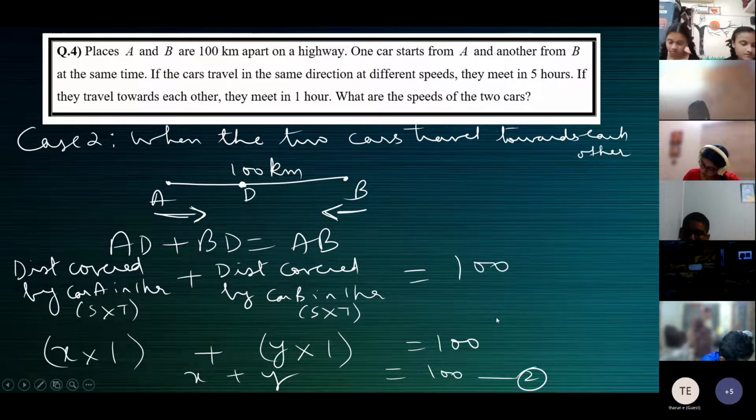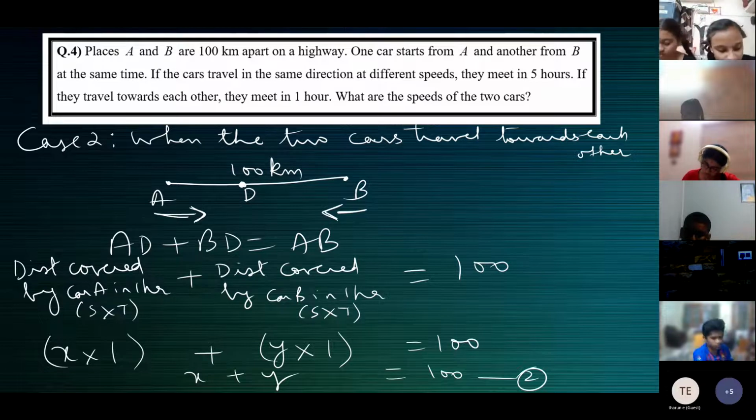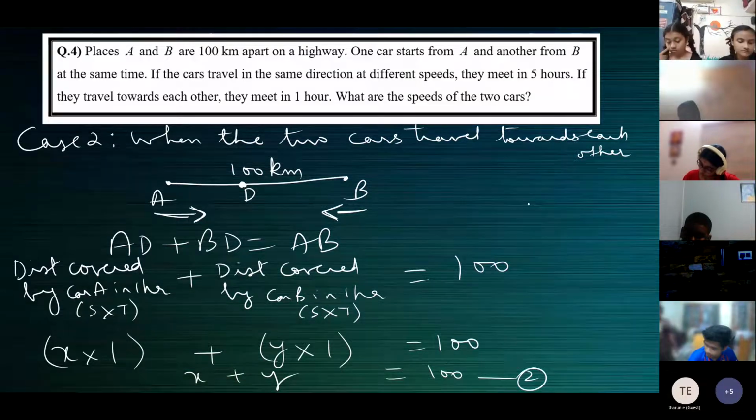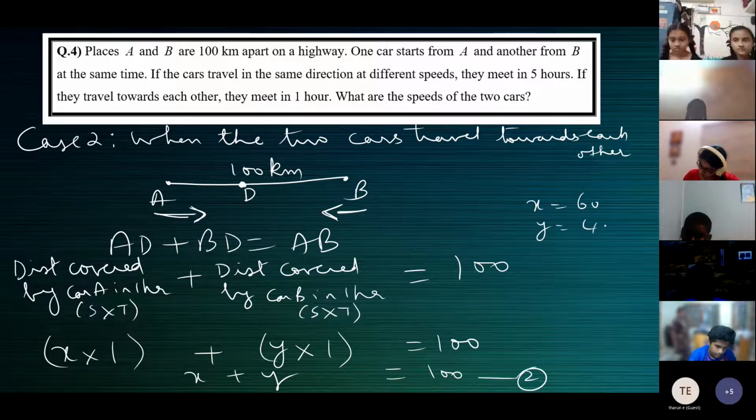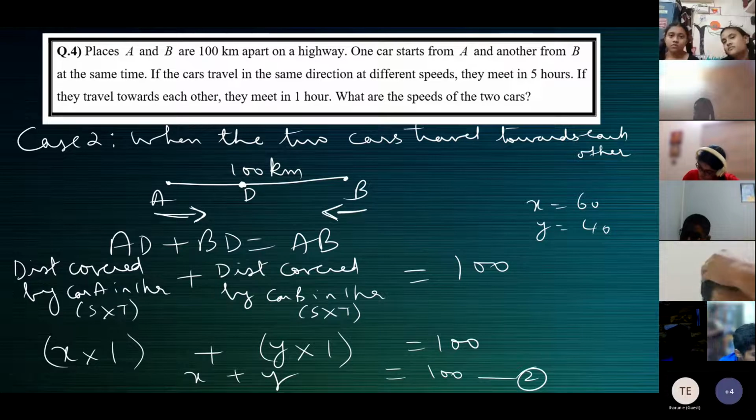Yes, children. What are the values of x and y? Ma'am, x is equal to 60, y is equal to 40. Very good. X 60, y 40 looks correct. So you must write the speed of the two cars are 60 km per hour and 40 kilometers per hour.